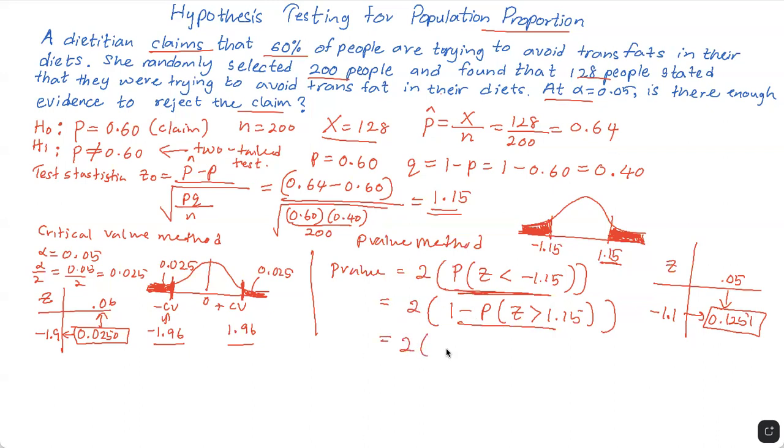So here 2 times this one. We have to double it because we need both tails. So the p-value is 0.2502.